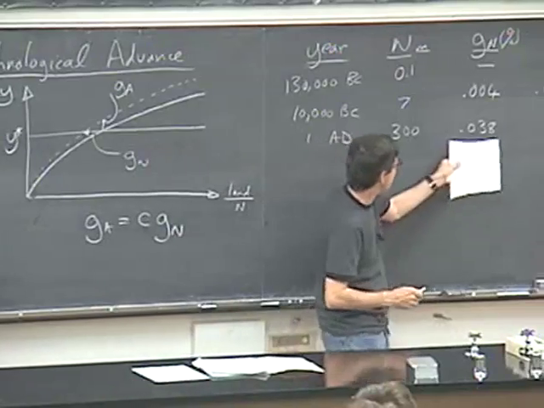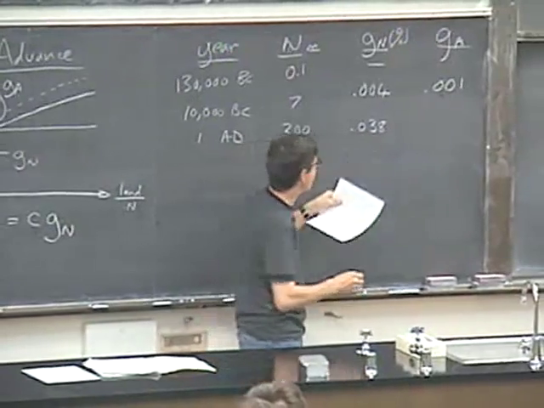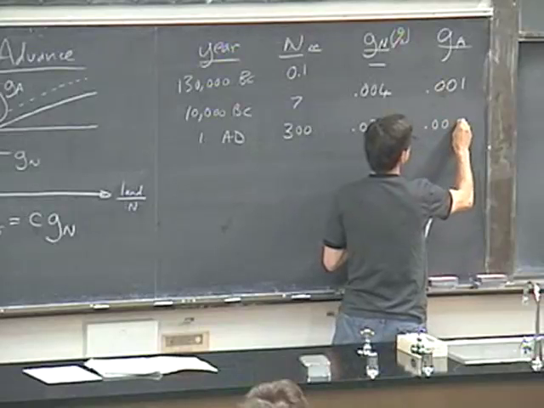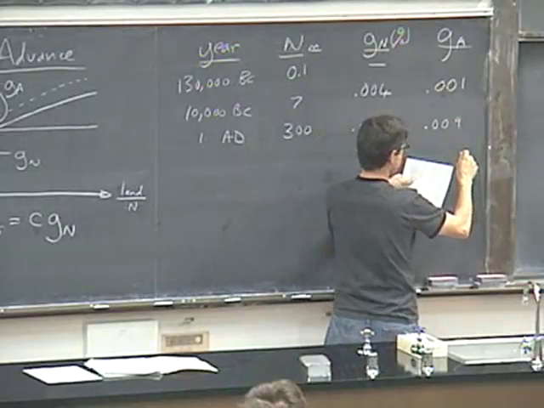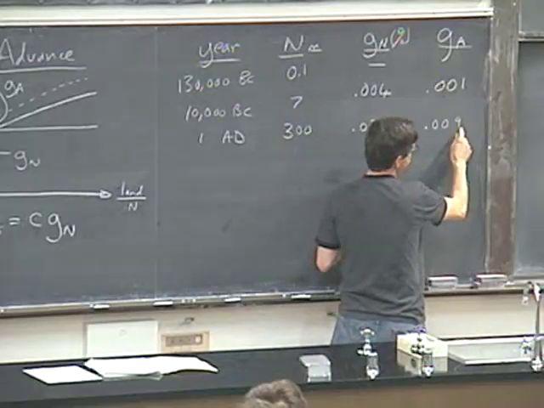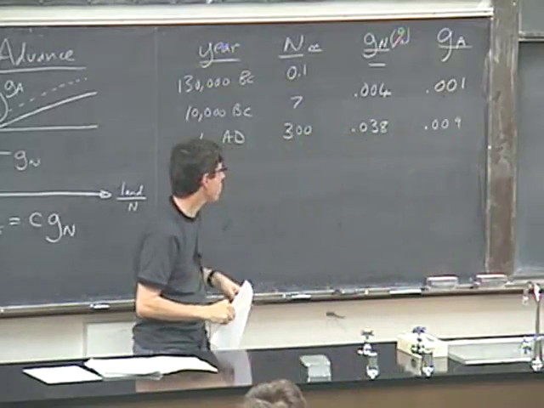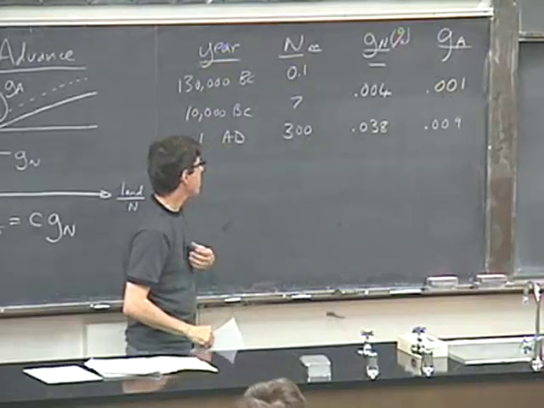So this is the rate of population growth. Again, we just multiply that by a fifth, and then we get roughly 0.009, I think, is the number.